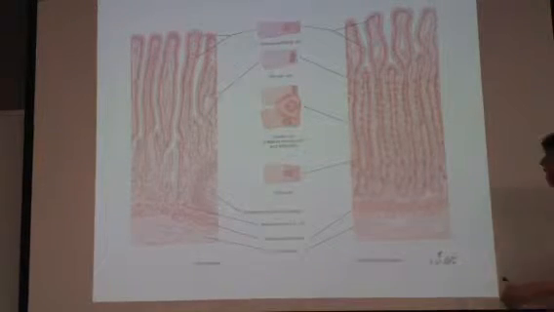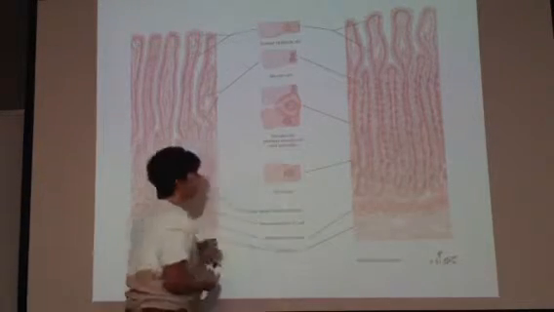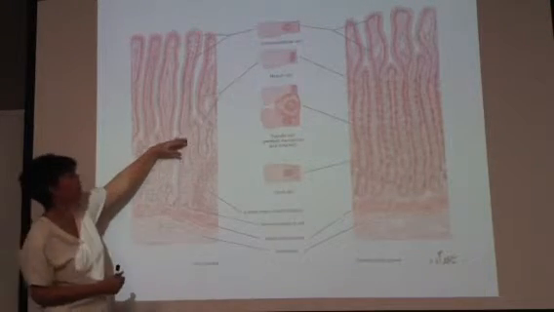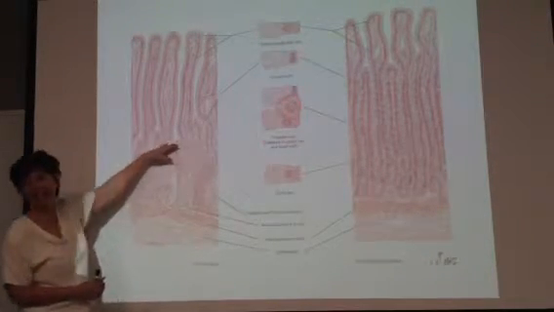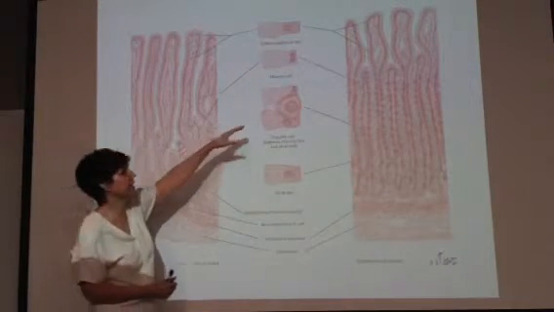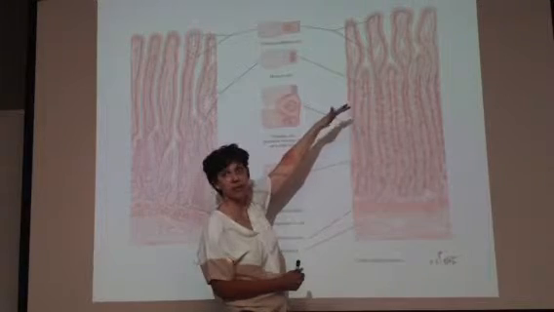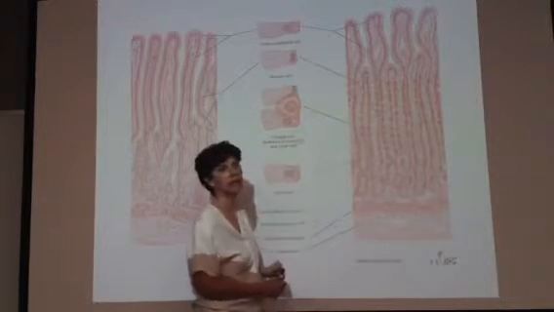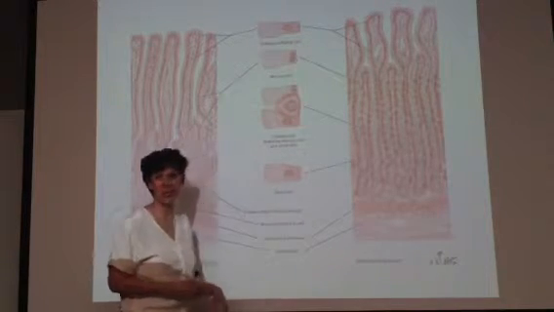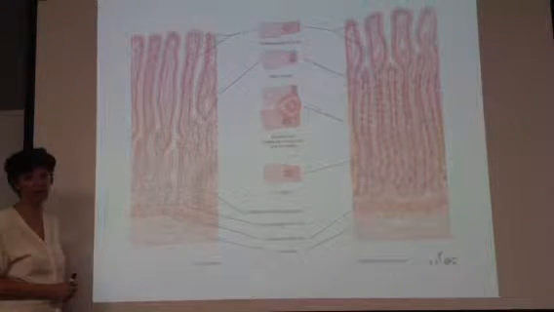So this diagram is actually a drawing of a photograph. This is in the pylorus, and the pits extend a little bit more than halfway through the length of the mucosa, whereas in the fundus, they're about 25% of the length. This is what I'll typically show you. I'm asking you to identify the stomach, the image on the far right.